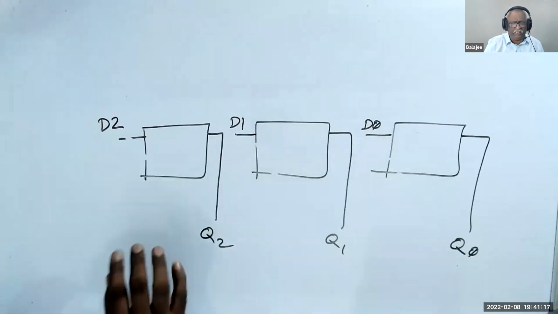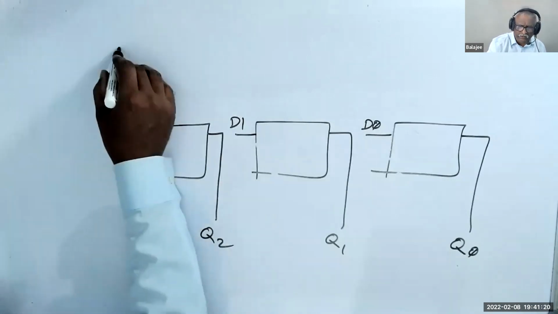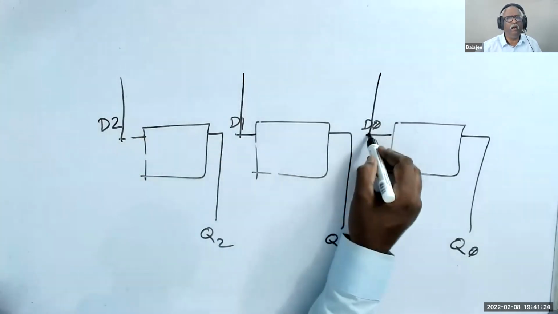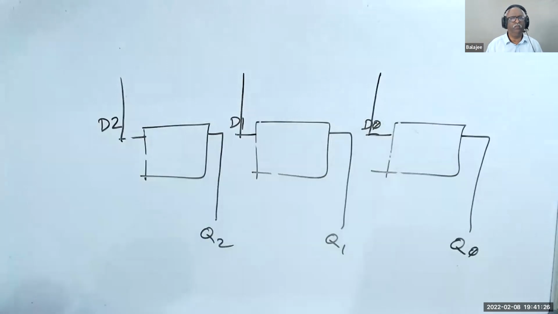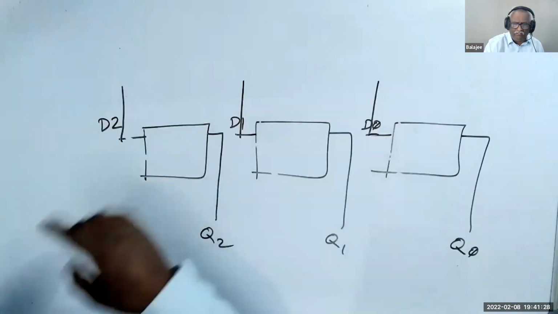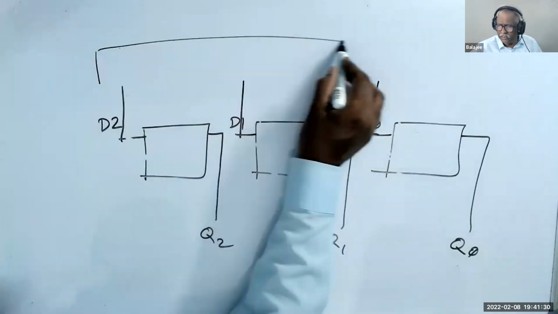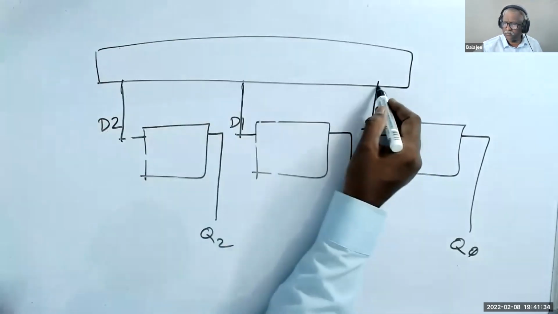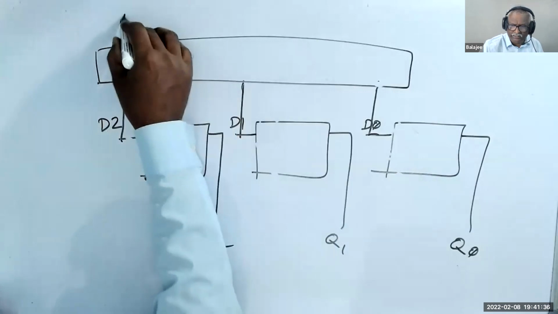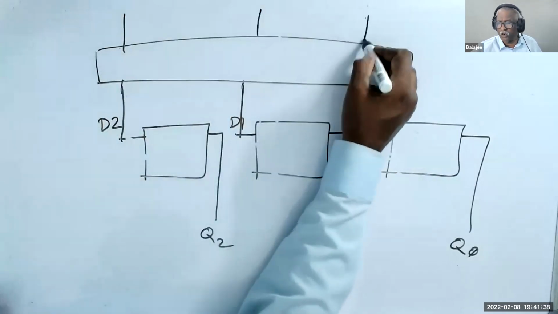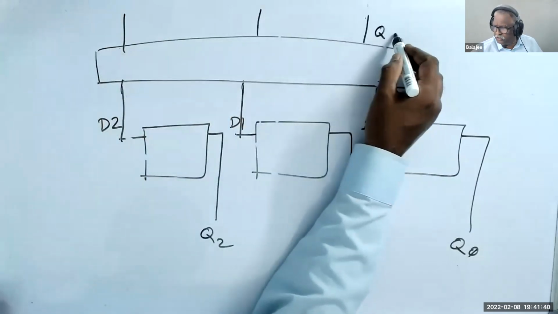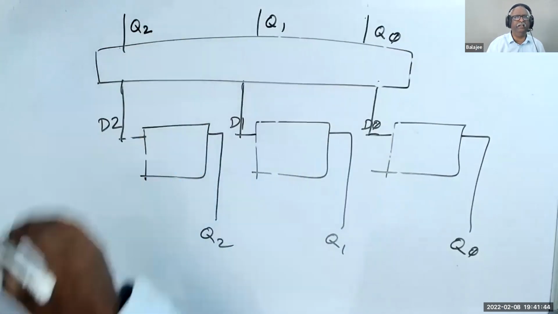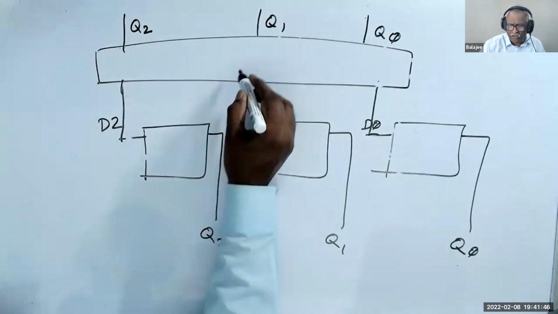Understand now. This is a D flip-flop which has three inputs and three outputs. Now, I have a combination logic here. This takes three inputs. What are the inputs? Q0, Q1, Q2.